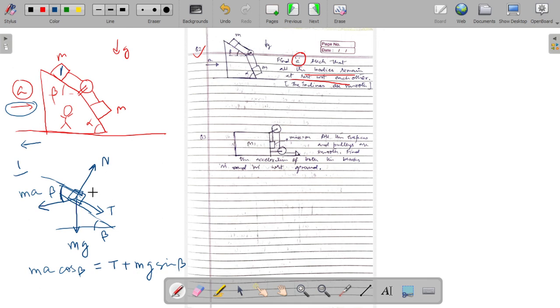So the forces along the incline in the downward direction should balance the forces acting along the incline in the upward direction.